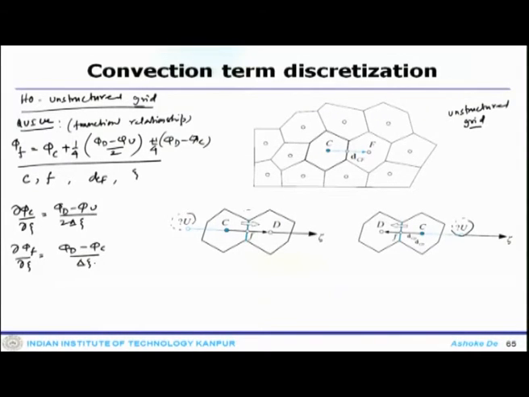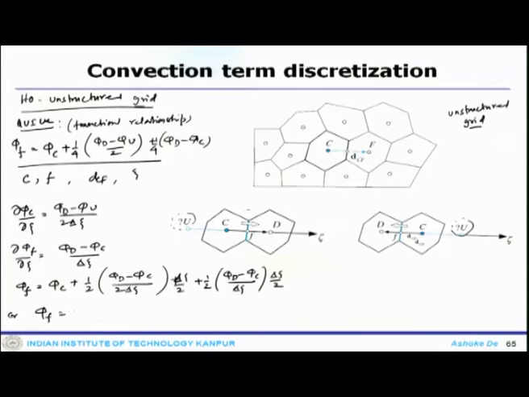Then phi f can be represented as phi c plus half of phi d minus phi c divided by 2 delta xi times delta xi by 2, plus half of phi d minus phi c divided by delta xi times delta xi by 2, or one can write phi f equals phi c plus half del phi c by del xi by 2 plus half del phi f by del xi by 2.